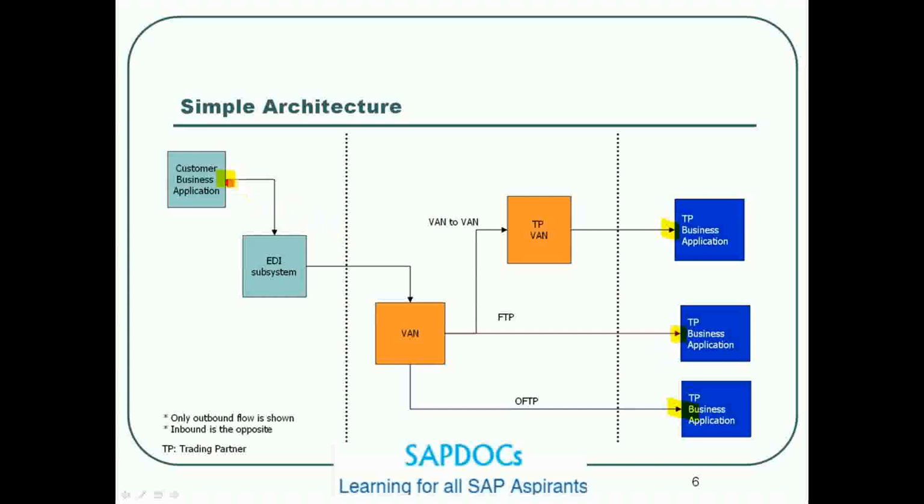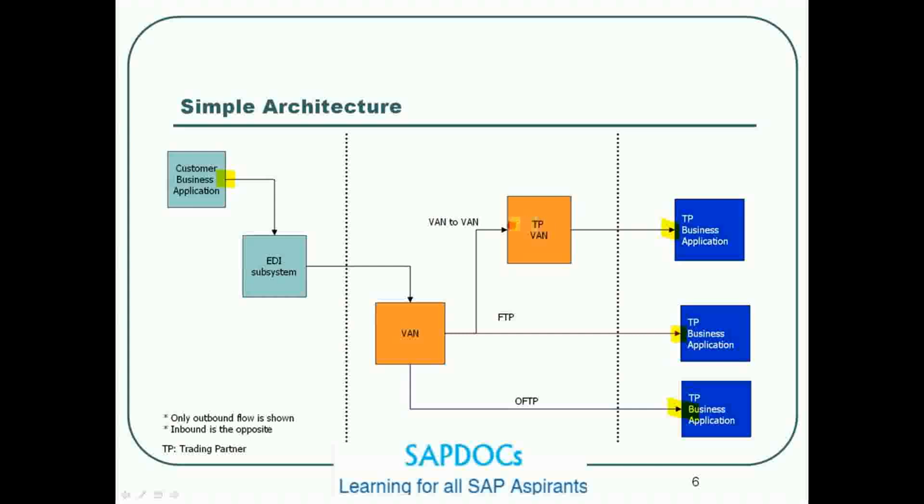In this process, from your end to the trading partner's end, there are multiple systems involved, and this is a very simple EDI architecture. You have your EDI subsystem, you have your VAN, the trading partner has its VAN, and of course there would also be a translator for the trading partner to translate the messages.